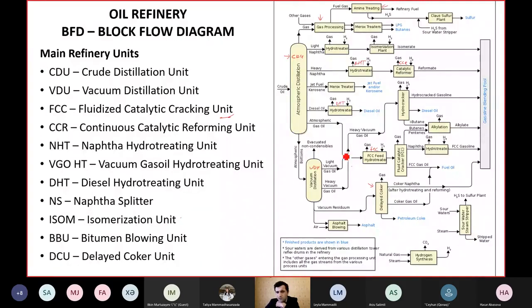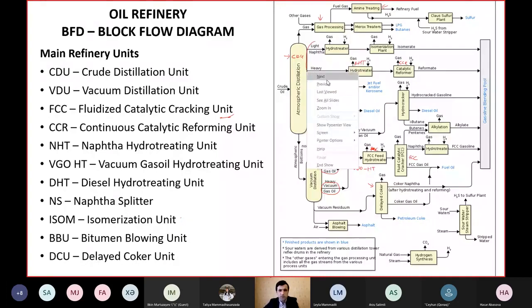This is what we call VGO. So you can see it is vacuum gas oil, a mix of light and heavy VGO. That's why we call it VGO HD, VGO hydrotreater. And the naphtha splitter splits light naphtha and heavy naphtha.